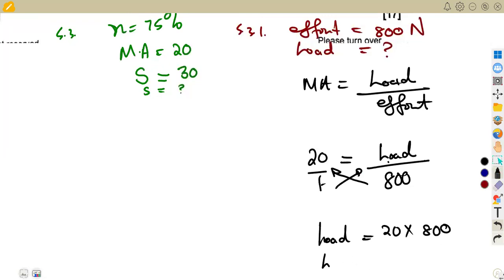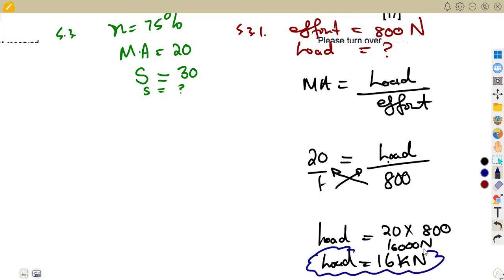So that is going to be our load. If you multiply 20 times 800, this is going to give us 16,000 Newton, which simply represents what? 16 kilonewton. So this is your load in this case, which is 16 kilonewton.